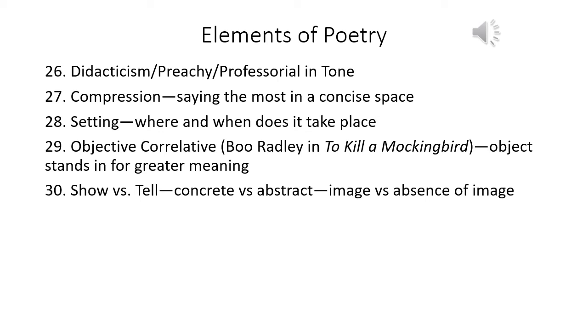Okay, so we have about 15 more elements to go. Let's see. 26, didacticism. So being didactic or preachy or professorial in tone. So it's a poem that's attempting to sort of teach the reader something, right? So we look out for that. It's to be avoided, typically. You don't want a poem to be didactic or attempting to persuade you, right? It wants to stand for something, sure.